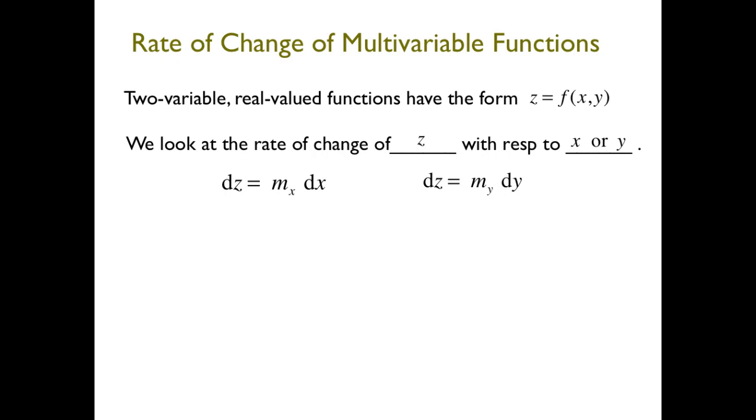So what would happen here? Given a change in x, the change in z would be that rate with respect to x times the change in x, and similarly with y. The same principle holds that we just talked about, but you're just going to let one of your independent variables change a little bit, and then you'll get a corresponding change in z according to just that variable.